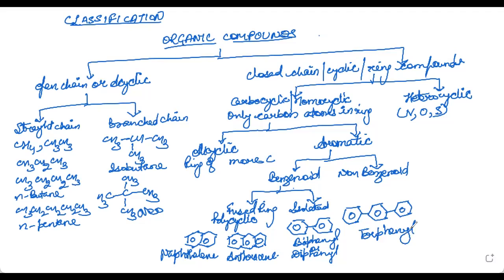Three benzene rings are joined together, but they are isolated. They are not fused. Okay. So these are the benzenoid compounds, that is the compounds having at least one benzene ring in their structure.